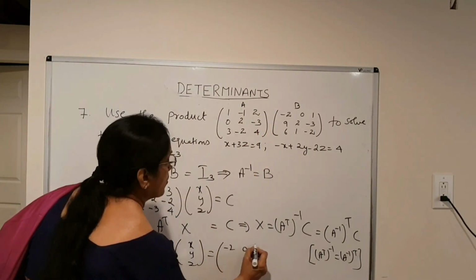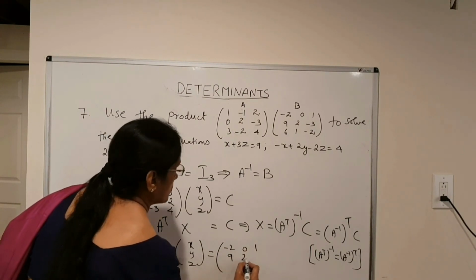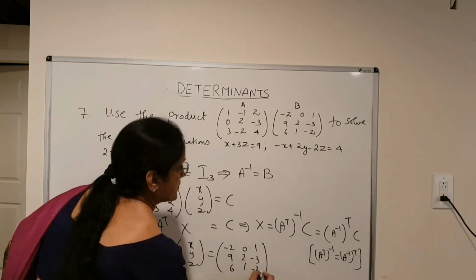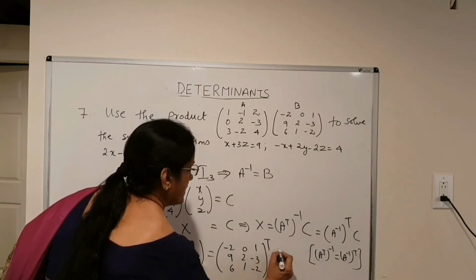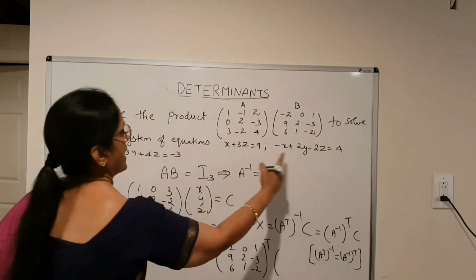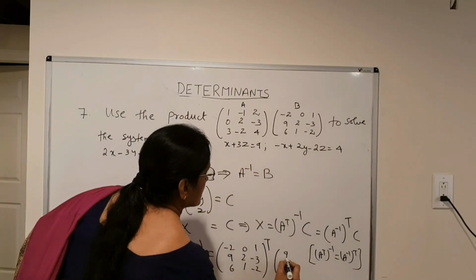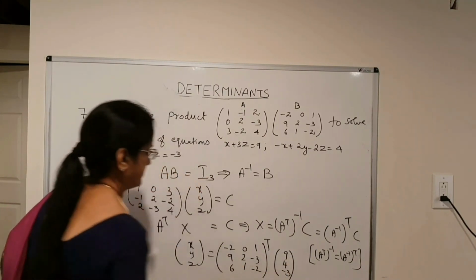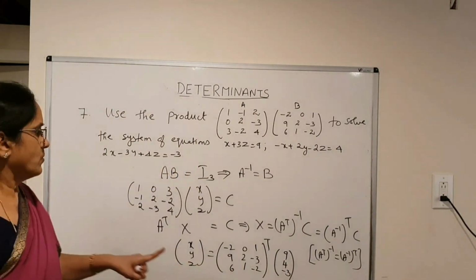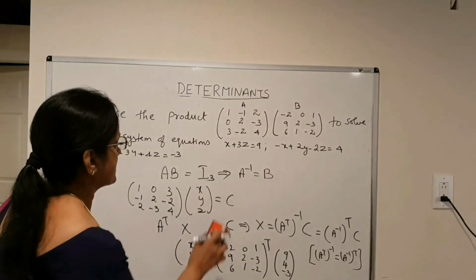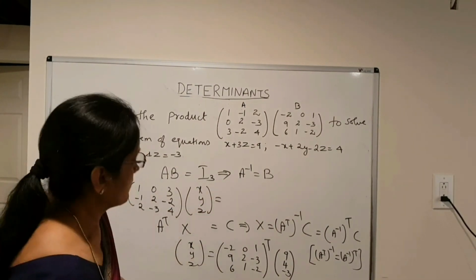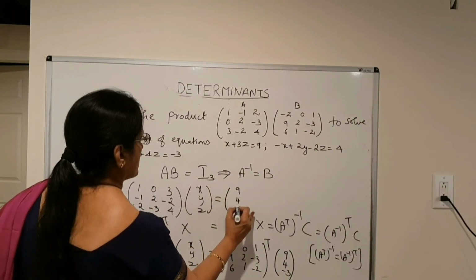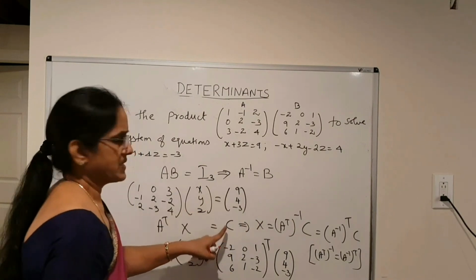Minus 2, 0, 1, 9, 2, minus 3, 6, 1, minus 2, the whole transpose into C. C is nothing but 9, 4, minus 3. That's all. Okay, instead of writing C, first let me write the value here. This will be 9, 4, minus 3. Then we will replace it by C.